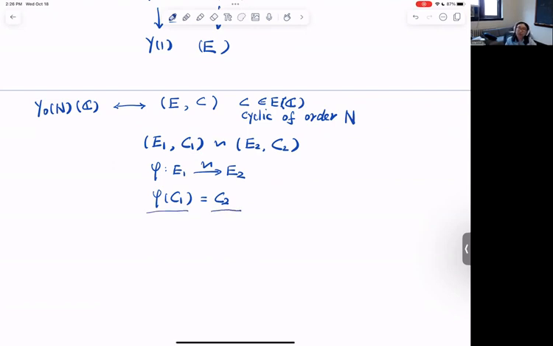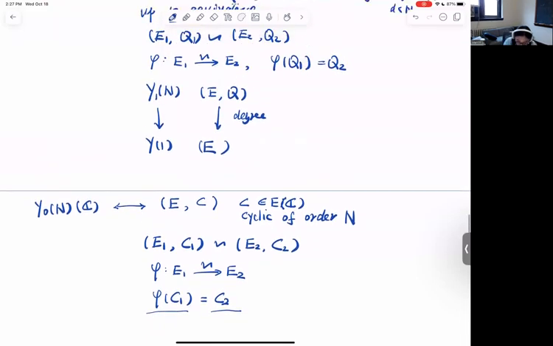For example, you can think about the case where E1 and E2 are the same elliptic curve, and you can have a non-trivial automorphism such that the restrictions of C1 and C2 are different. Then that is still an equivalence.